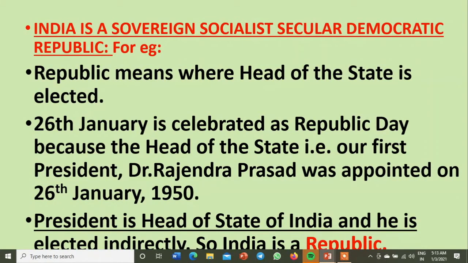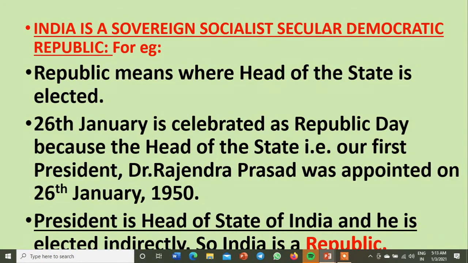26th January is celebrated as Republic Day because the head of the state, that is our first president, Dr. Rajendra Prasad, was appointed on 26th January 1950, and from that day India became a republic state. The President is the head of the state of India and he is elected indirectly.